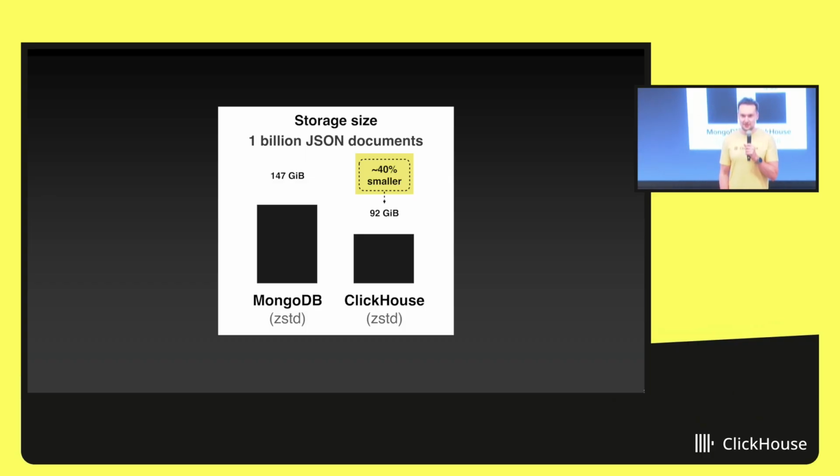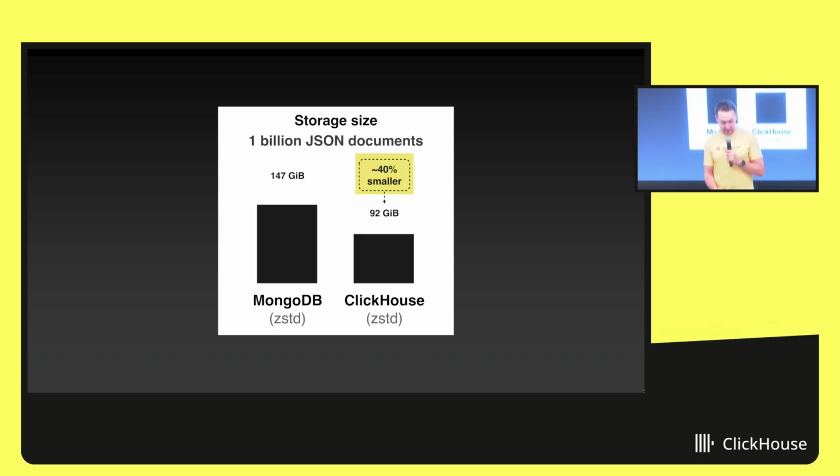And by the way, the data set is 1 billion JSON documents containing events from the social network named Blue Sky. These JSON documents are quite complex. They contain a lot of nested fields with unlimited nesting, but among these billion documents, the nesting was about 20 levels of depth.